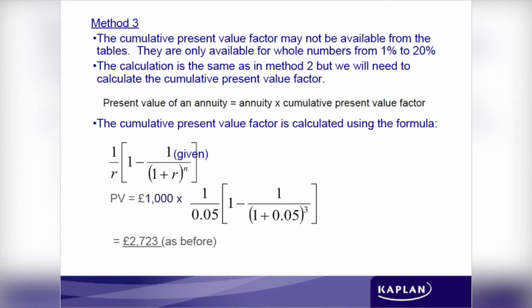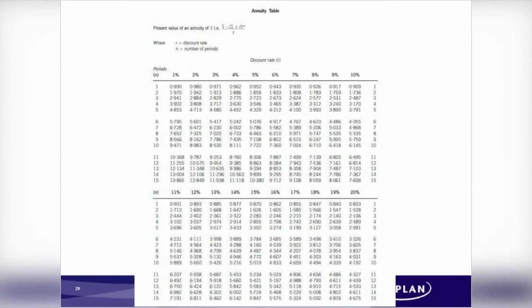So again, I've attached a little table, an annuity factor table, where you can look under 5%, go to 3 years, and you'll see there's 2.723. So you're given percentages 1 to 20, and then years 1 to 15.